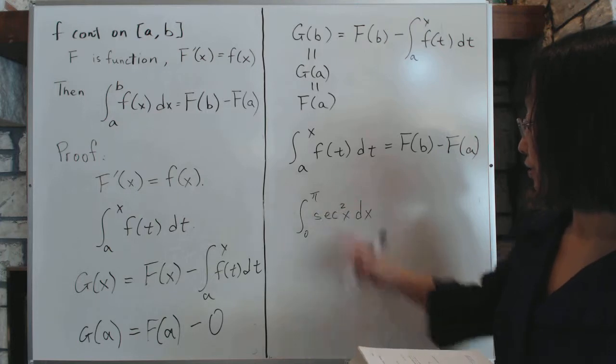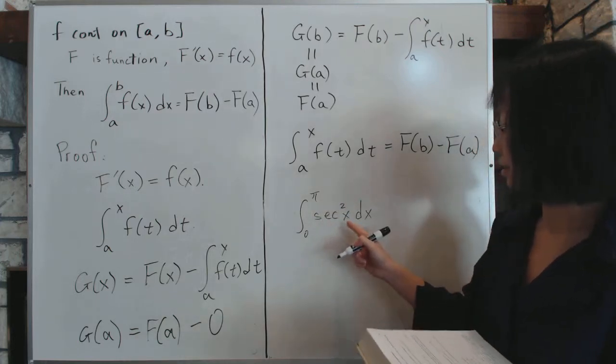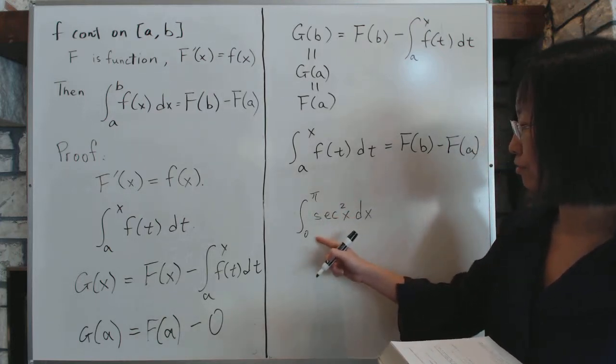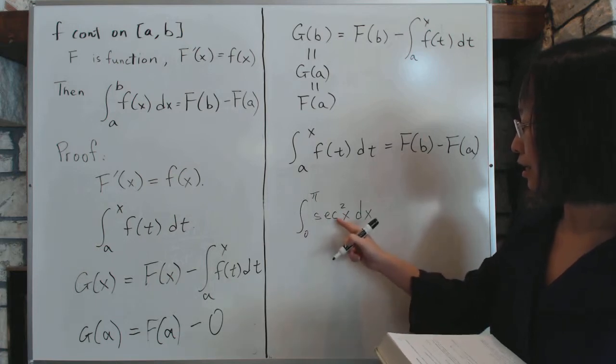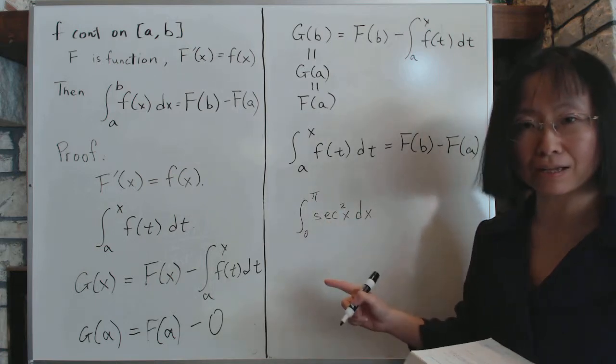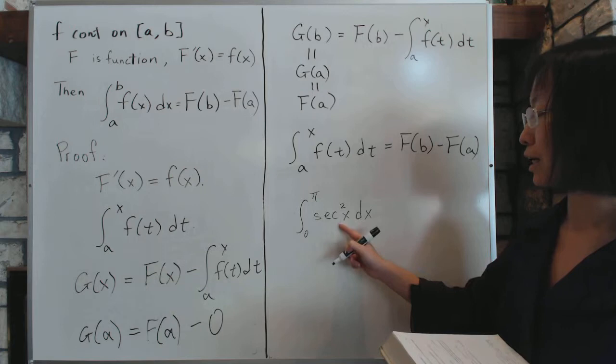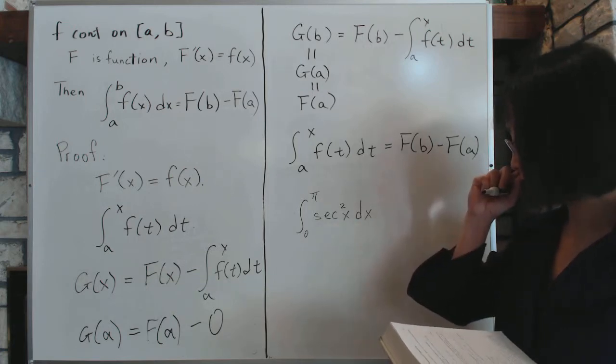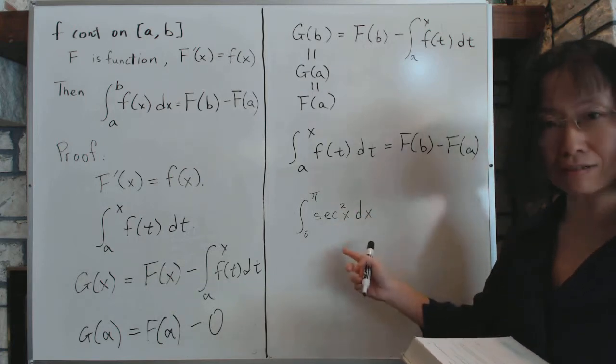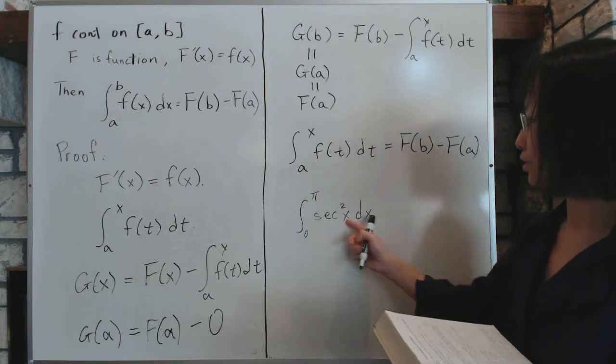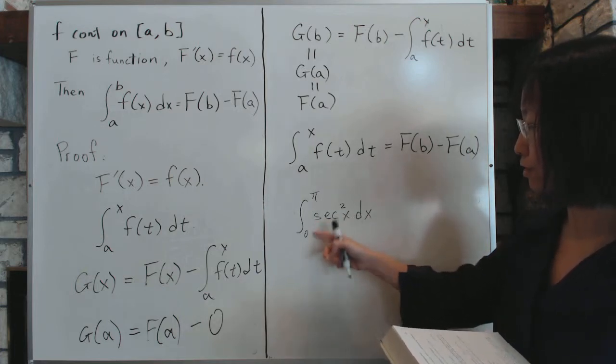What is the answer? You should care about this, because from 0 to pi, the secant is going to be undefined at pi over 2, because the cosine is 0 there, and 1 over 0 is undefined. So this function is not continuous from 0 to pi.